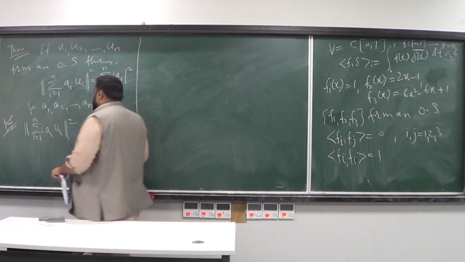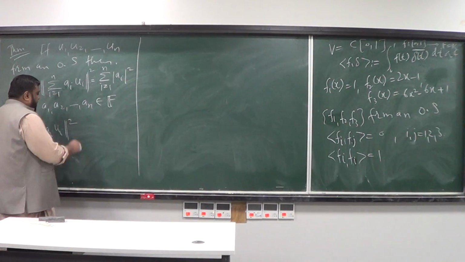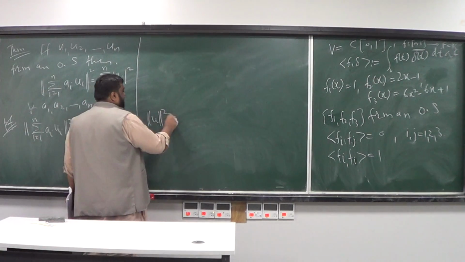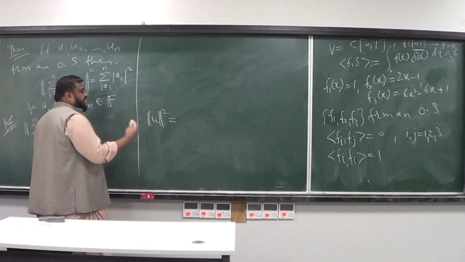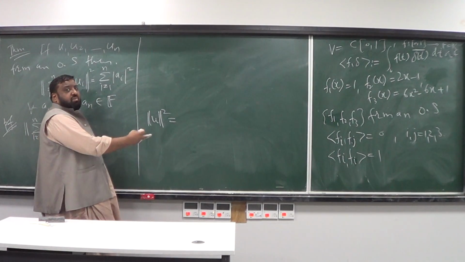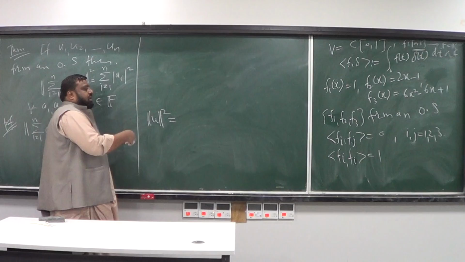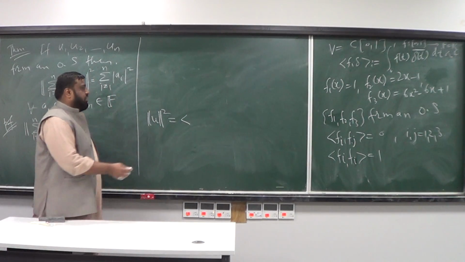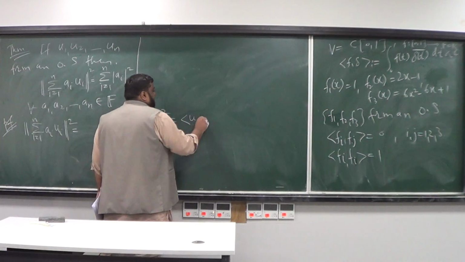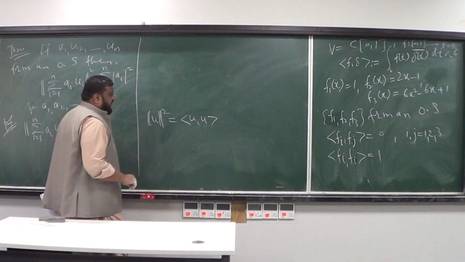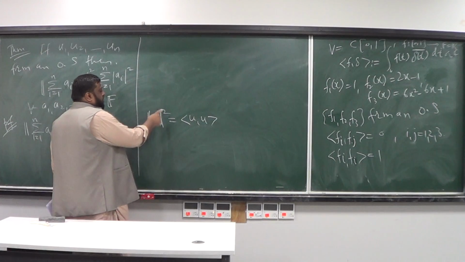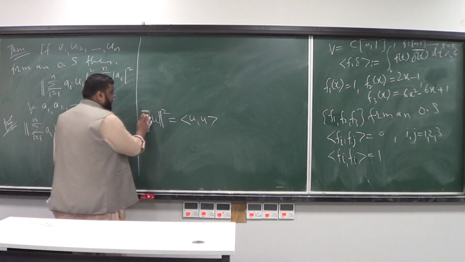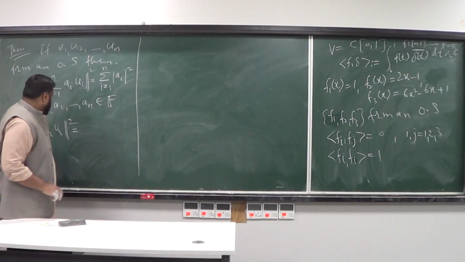So what is the magnitude squared? The inner product induces a norm on an inner product space, so an inner product space is also a normed space, and the relationship is this: the magnitude of a vector squared is equal to the inner product of the vector with itself.